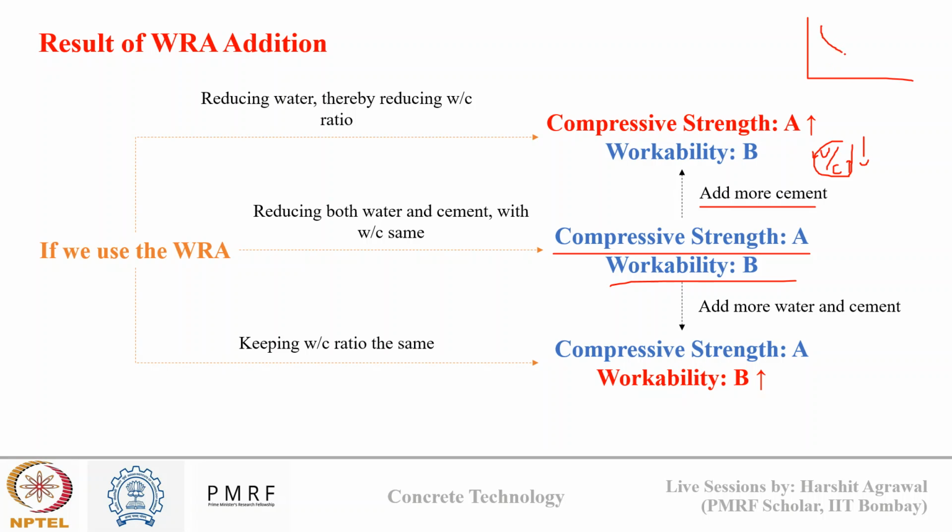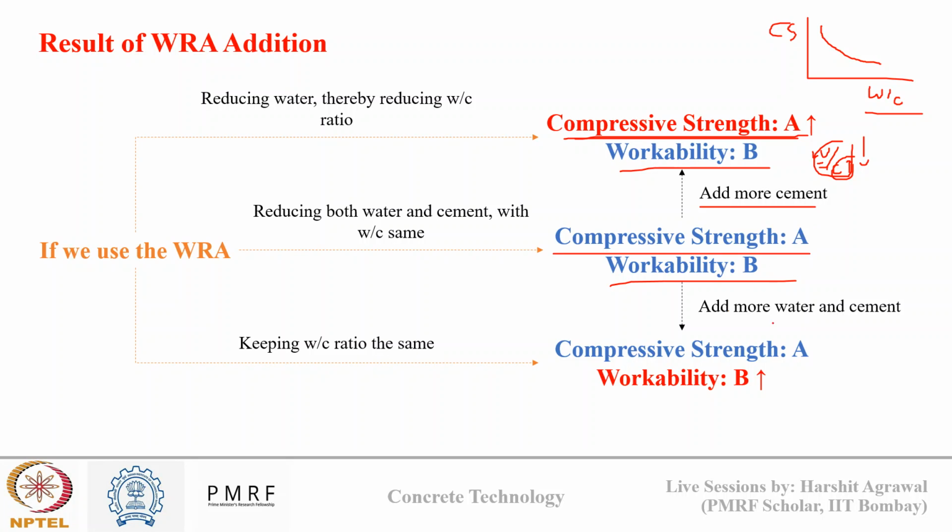So remember, compressive strength and W by C ratio have this inverse relation. Lower is the W by C ratio, higher is the compressive strength. Why? Because lower W by C ratio means lower porosity and therefore higher compressive strength. So if I need to increase the compressive strength, I will add more cement. My compressive strength will increase, but my workability will remain the same because my water is the same.